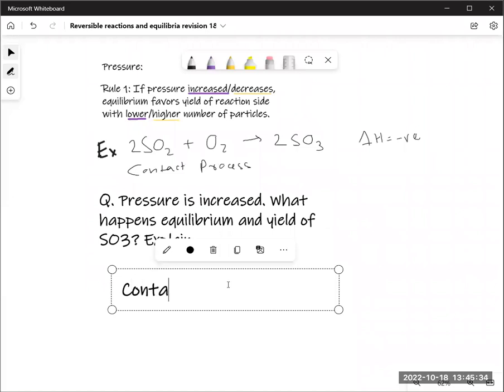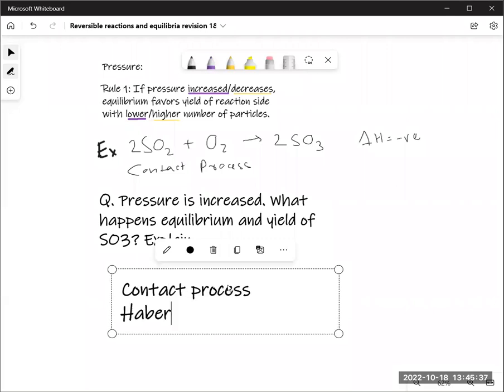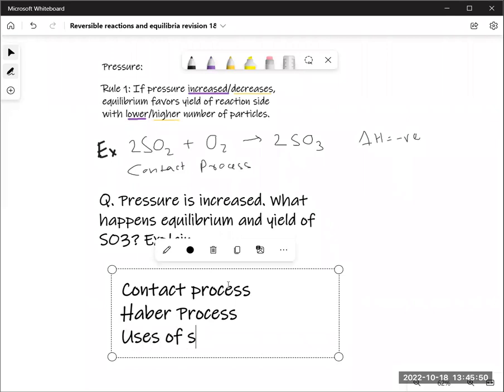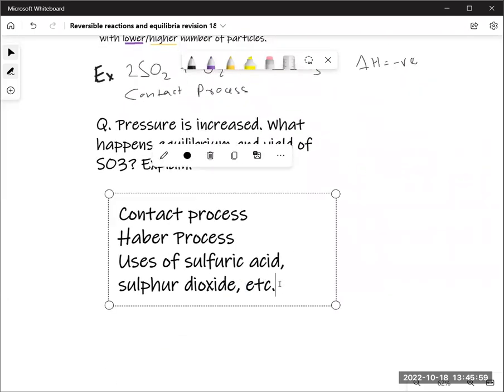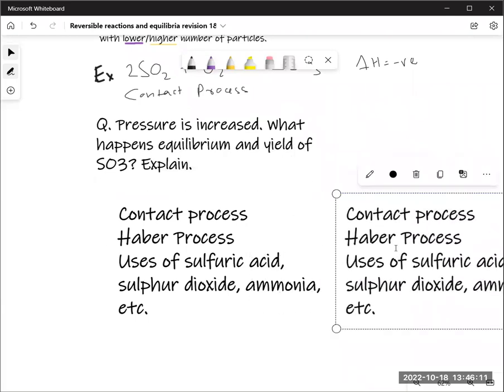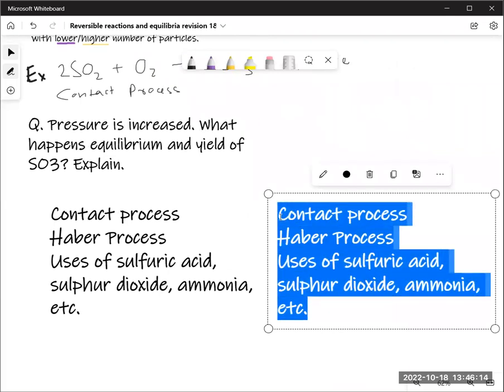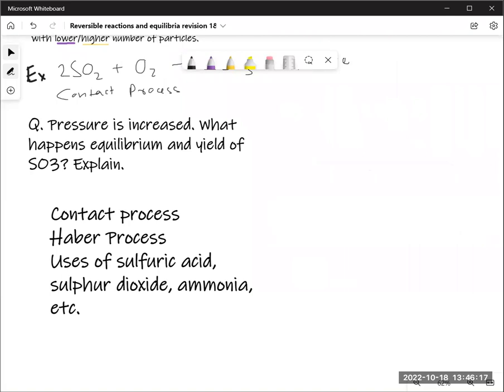Next thing is contact process, Haber process, and let's say uses of sulfuric acid, sulfur trioxide, etc. And what else is remaining? I think that's it. Three things.